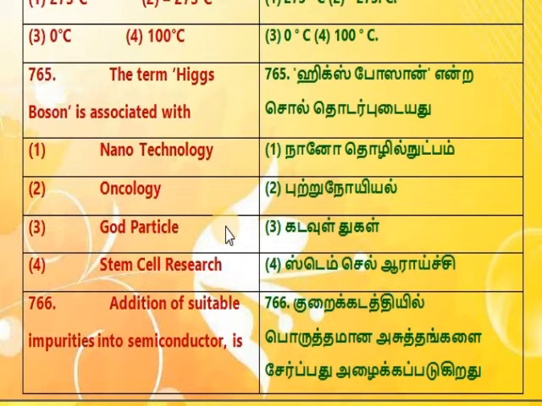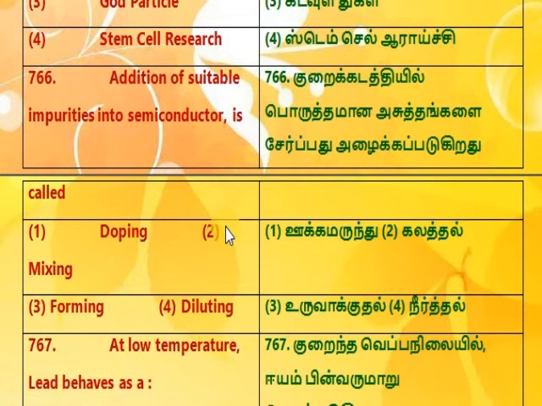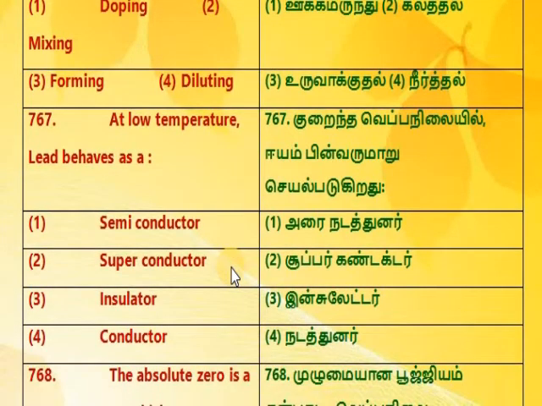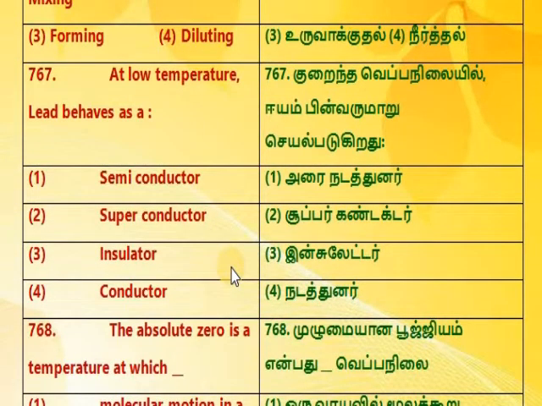766. Addition of suitable impurities into semiconductor is called 1. Doping, 2. Mixing, 3. Forming, 4. Diluting. 767. At low temperature, lead behaves as a 1. Semiconductor, 2.